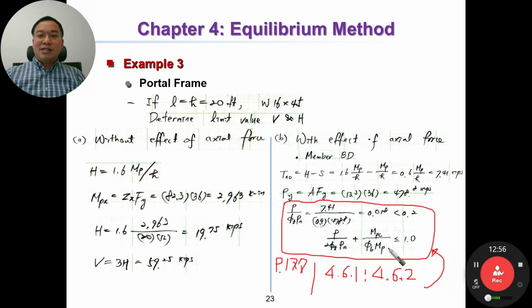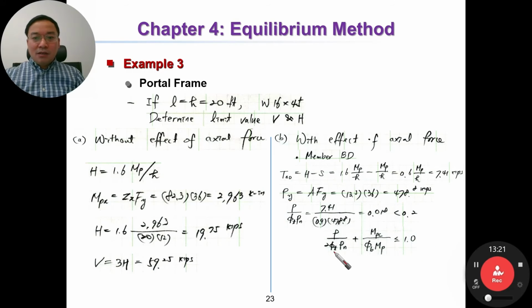This equation is used for considering the stability condition, the buckling condition. Okay, so please check if you don't understand. Some students already know, so they do not need to check, and some others have to check to understand this equation in the book.